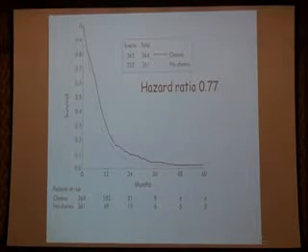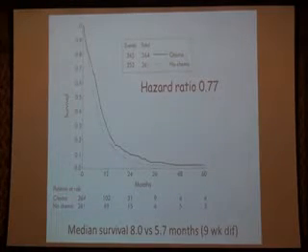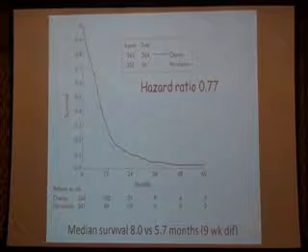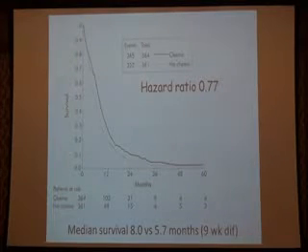And it tells you that on average, those on chemo survive 23% more time than the others. If you translate this into time, it is a 9-week difference on this scale. So these two curves are 9 weeks apart. 9 weeks is less than 2 months, but it is better than no week at all.